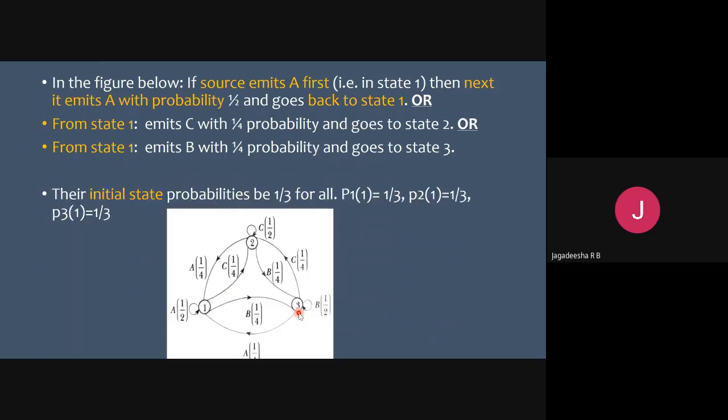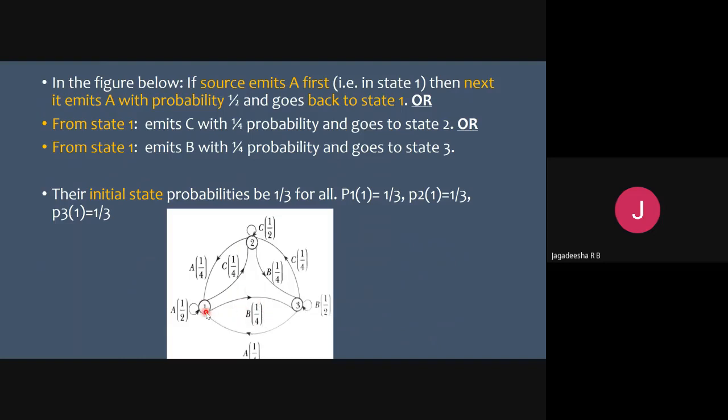We have also considered here that initially the source may emit symbol A or symbol B or symbol C with equal probabilities. Initially we do not know what the very first symbol would be. It would be A or B or C. But later on we can define based on this diagram the conditional probabilities.